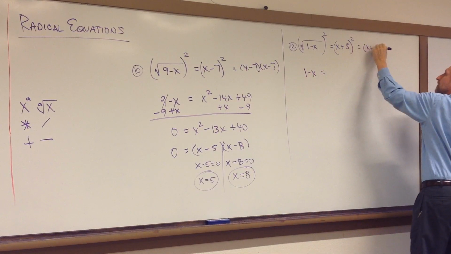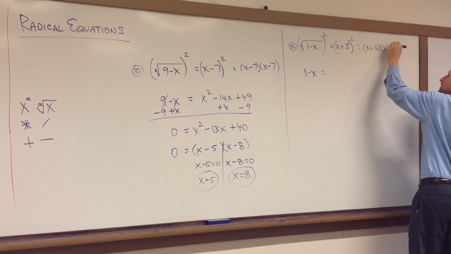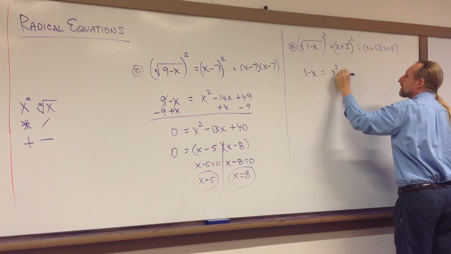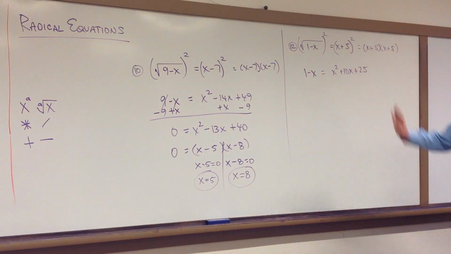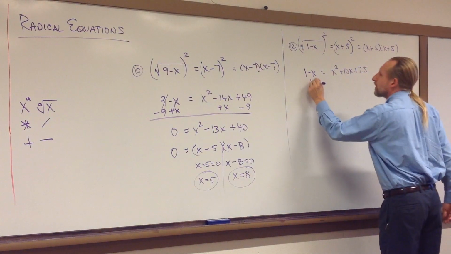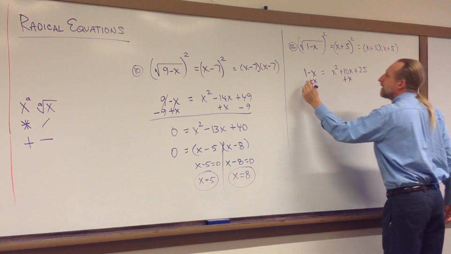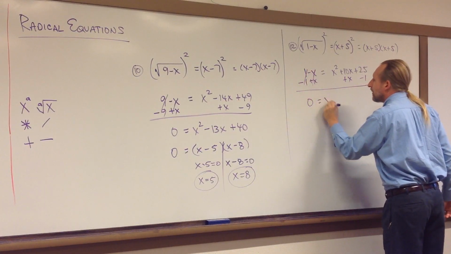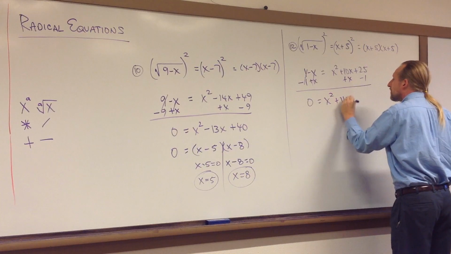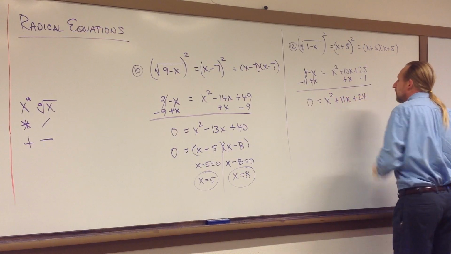And this will be x plus 5 times x plus 5, which is x squared plus 10x plus 25. And just like we did in problem 10, we're going to add the x over here and subtract 1. This will be 0, and we'll have x squared plus 11x plus 24.